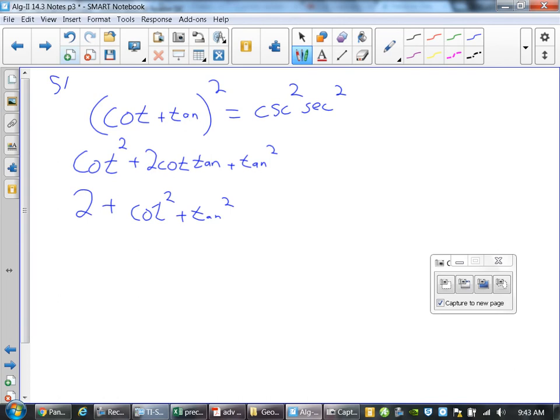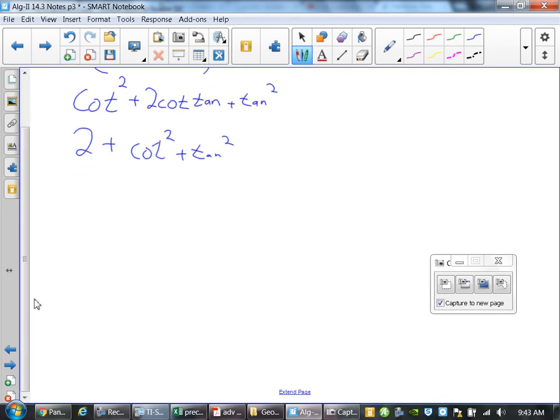Oh, excuse me, I'm sorry. So we have 2 over 1 plus cosine. Well, actually, what am I gonna get to? Cosecant, secant. So let's just, cotangent squared is cosecant squared minus 1, right? And tangent squared is secant squared minus 1.